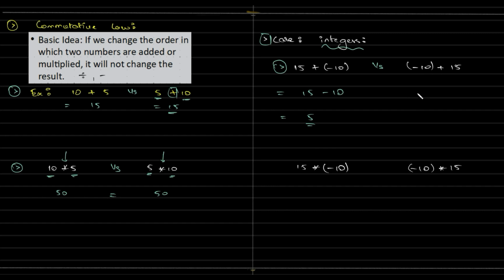Here again it is negative 10 plus 15. So the bigger number is 15, so we have positive as the answer, and the difference between 15 and 10 is 5. So here too the result is same.